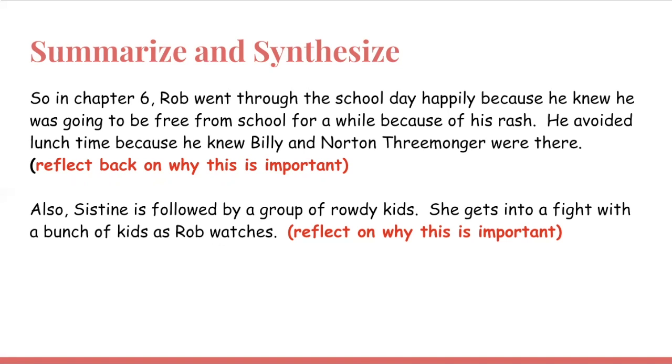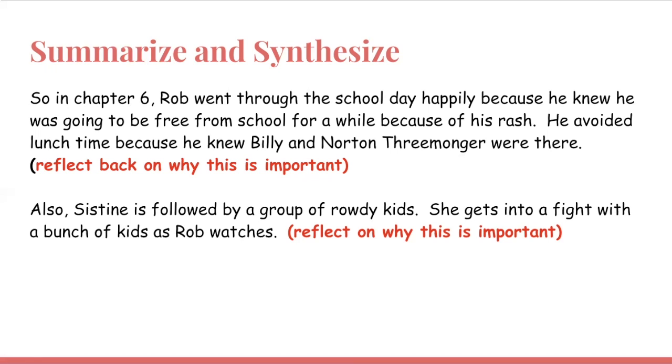Next, they take the bus home. He and Sistine are riding the bus together, and she tells him that she wishes she could catch what he has on his legs. For some reason Rob really wants to talk to her, so he talks to her and tells her about what's going on in his life.